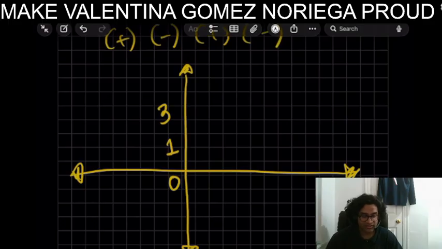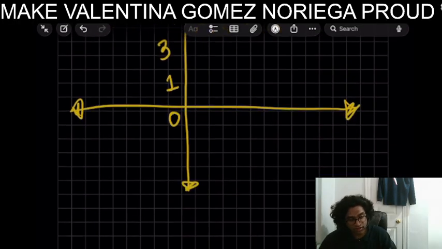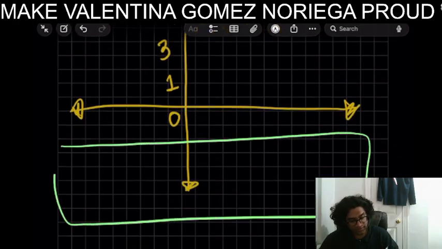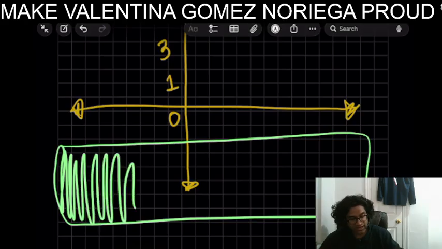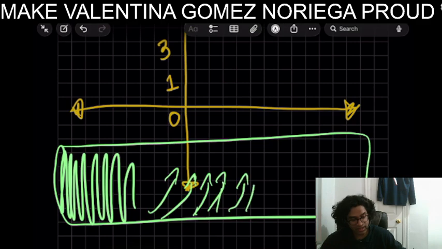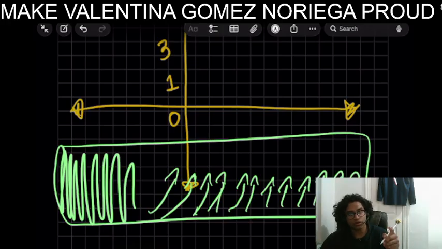So y less than 0, what did we say? It was positive. For any section less than 0, I'm going to have the arrow going upwards. Why did I say that my arrows will go upwards? Because when I selected minus 1, I got 8.